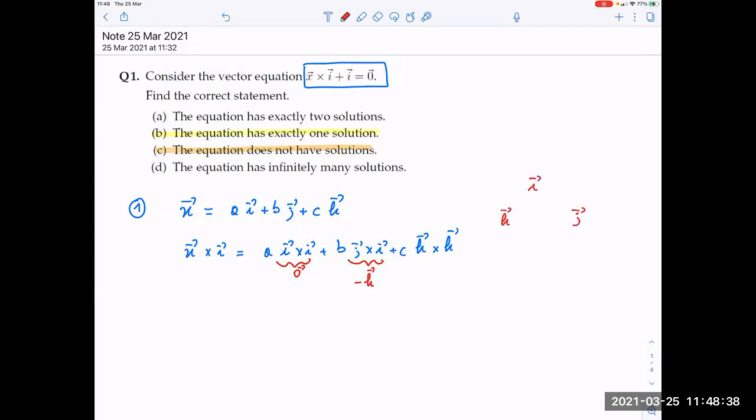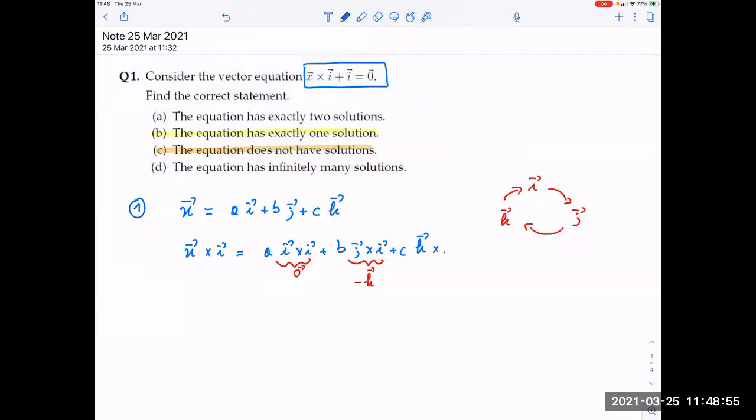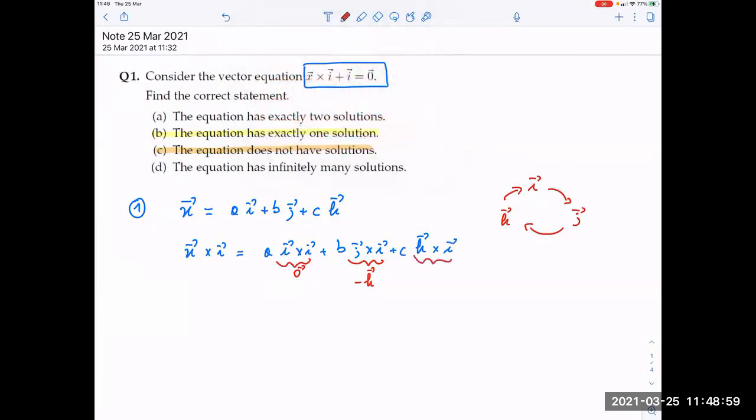So the round table trick for which you go this way. So whenever you cross product two of these, if you follow the arrow, you get plus. If you don't follow the arrow, you get minus. And then the last one, I'm mistaken, sorry, this is k cross i. So thank you. So what is k cross i? Well, we know it is going to be j, right?